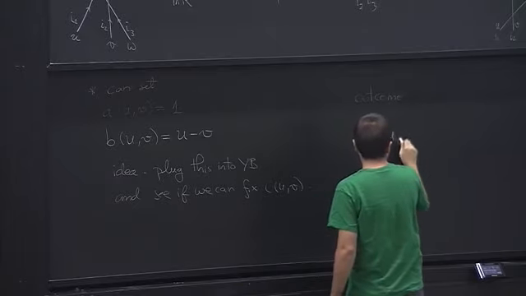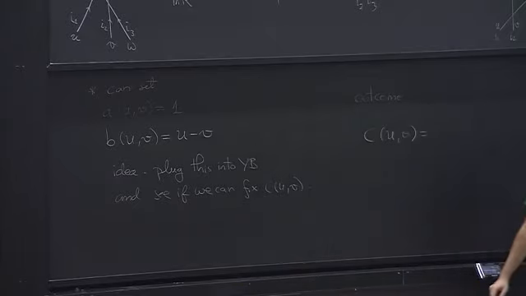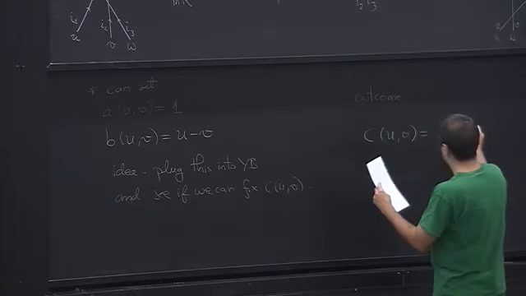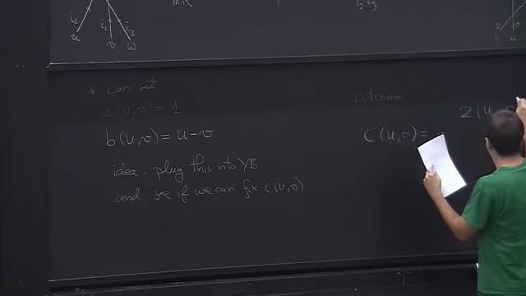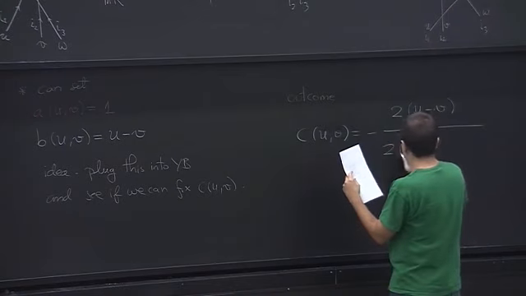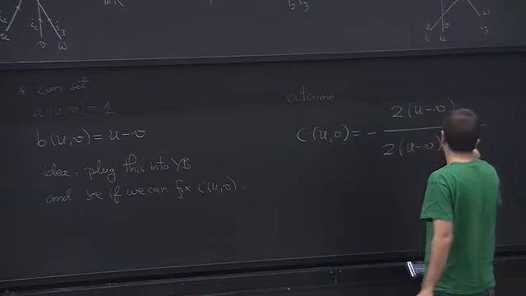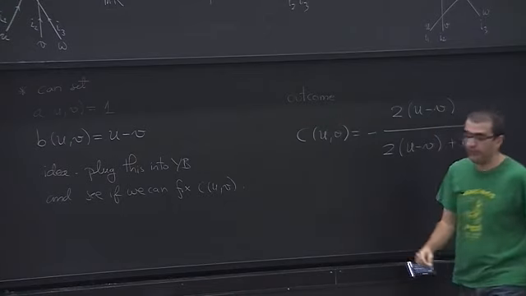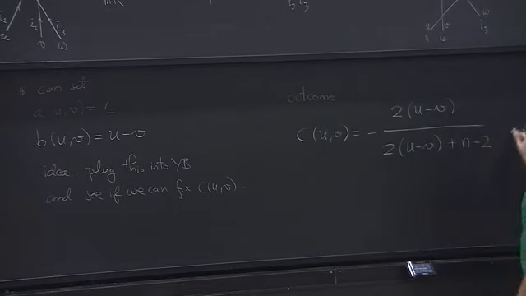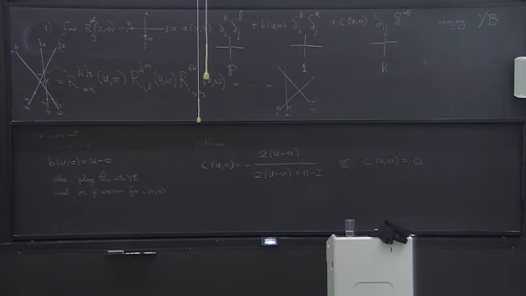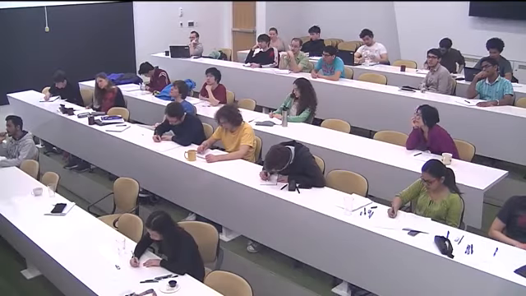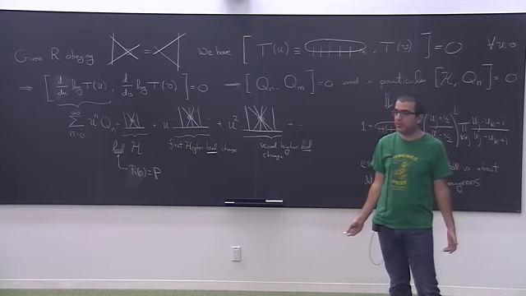So the outcome of doing this is that it's possible to find C, and C of UV is equal to minus 2 times U minus V over 2 U minus V plus N minus 2. Or, there are 2 solutions, C of UV equals 0. And this is nice, because this solution better be there, because this is nothing but the SU(N) solution.